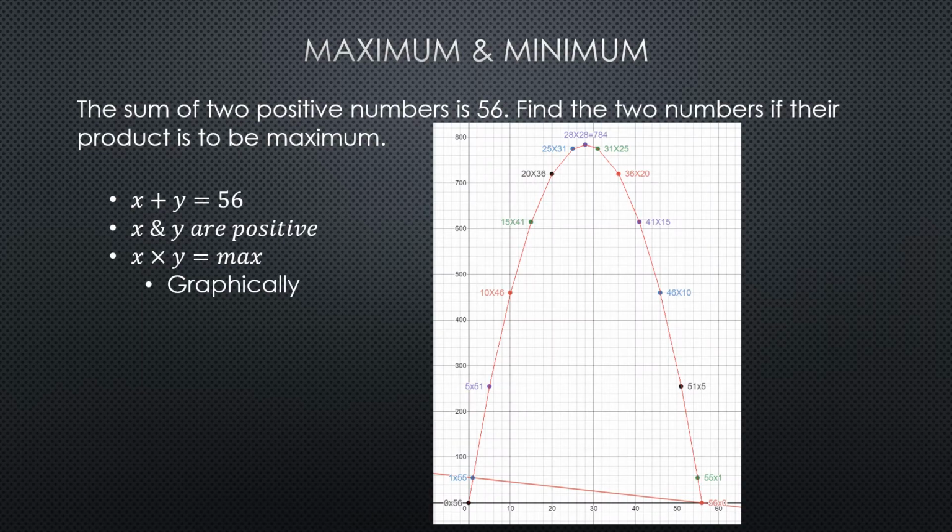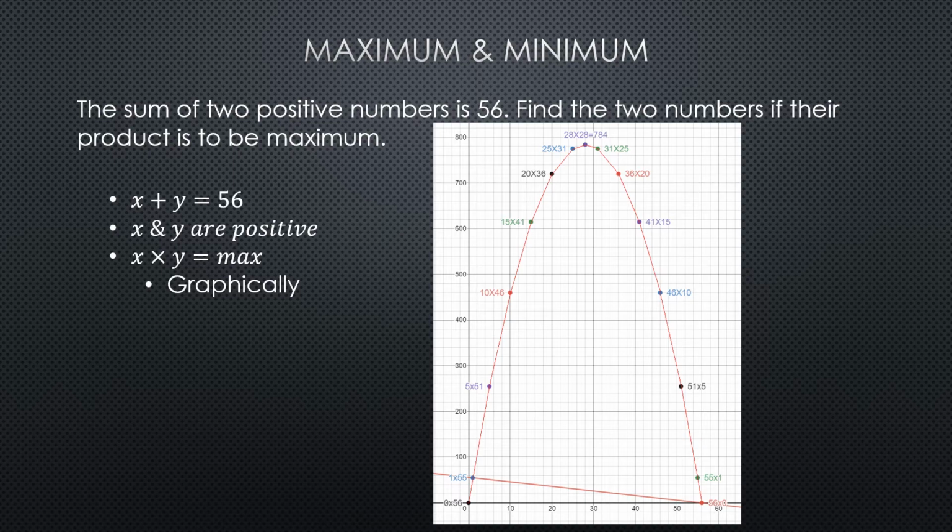So here is a graphical representation of what's going on when we've got two numbers that add up to 56 but are multiplied together. At the bottom of the graph we've got 0 plus 56 equals 56, but 0 times 56 equals 0, and that's an x and a y coordinate.